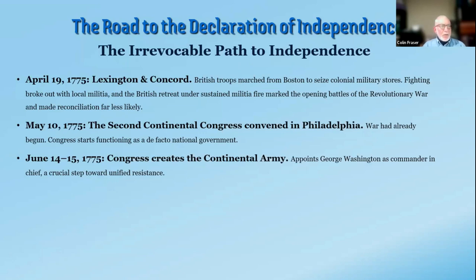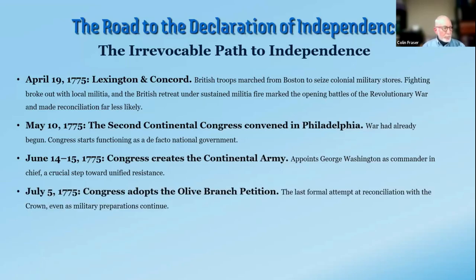Among their first acts was the creation of the Continental Army and the appointment of George Washington as commander. And that took all of these local militias and unified them, or most of them, under Washington's command.